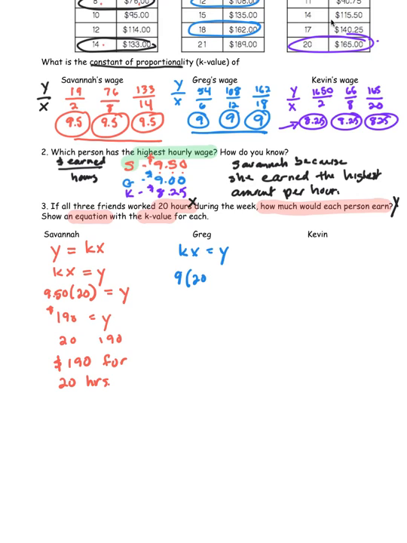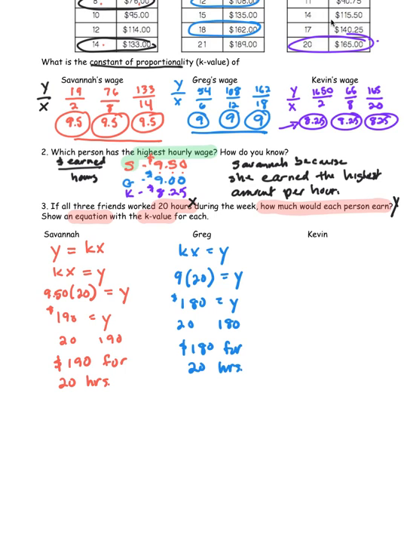Again, we're asked for 20 hours of work, and that's going to tell us the total amount of earnings. So this would be $180, which is what the Y equals. And so again, on his table, if we had 20 in the X column, it would be matched with 180 in the Y column, and that means that Greg made $180 for 20 hours of work.